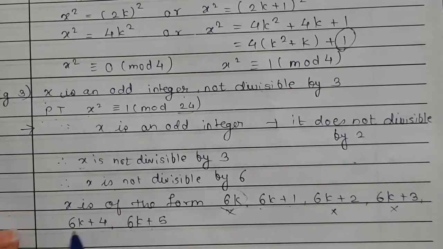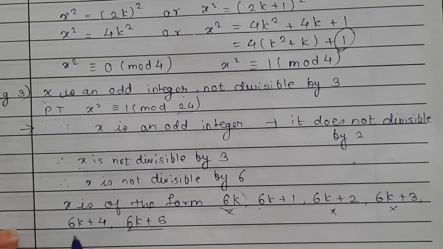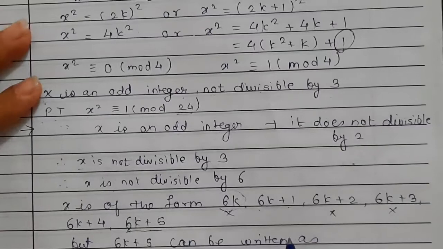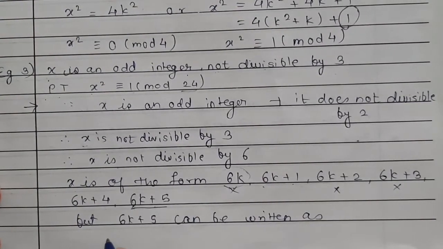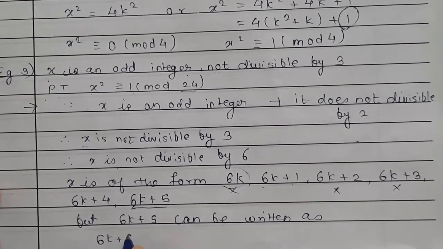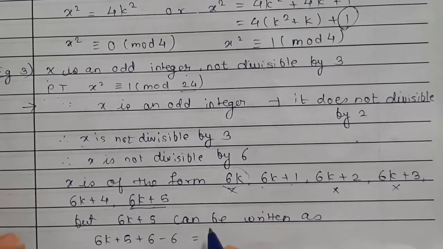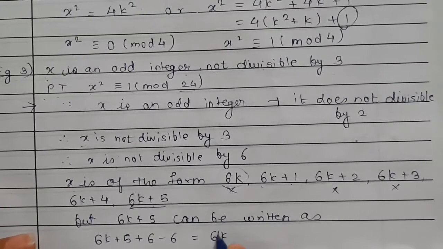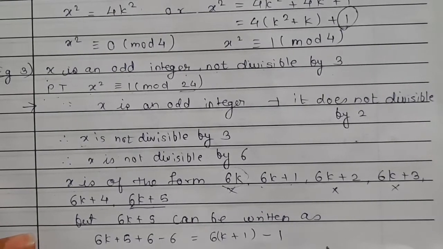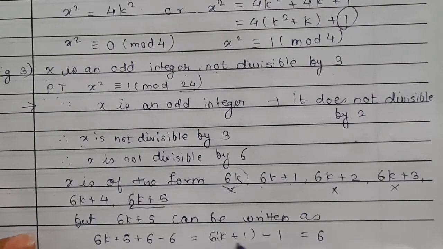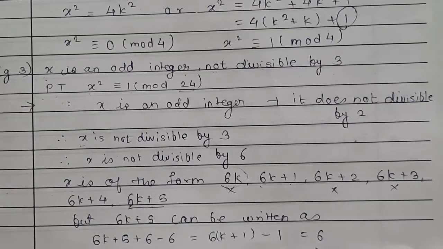So suppose we take first this, so we write here, but 6k plus 5 can be written as 6k plus 5 plus 6 minus 6, which is equal to 6(k plus 1) minus 1. We substitute k plus 1 as k dash.